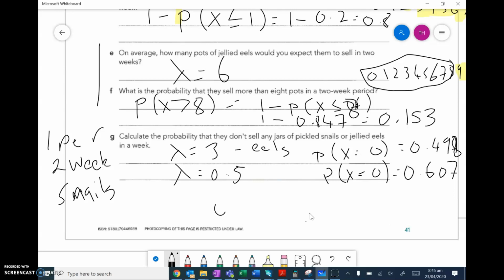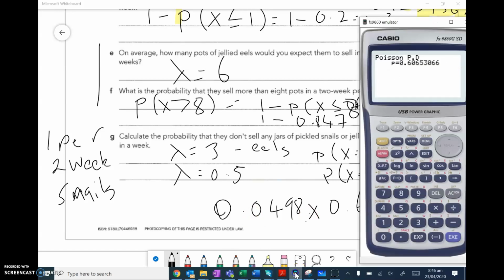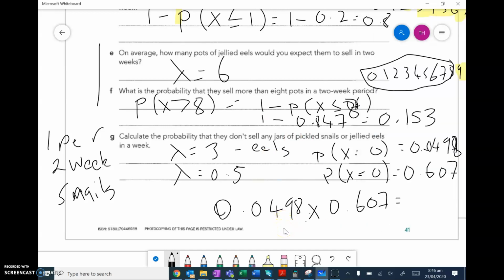So we go 0.0498 times 0.607, and that gives 0.0302. Okay, that's page 41 done.